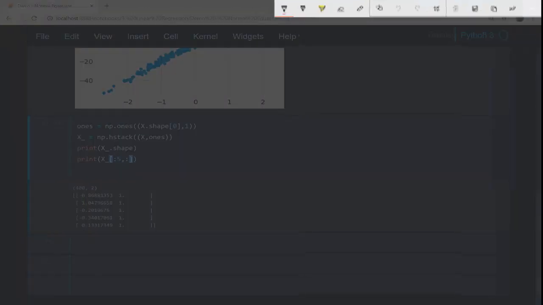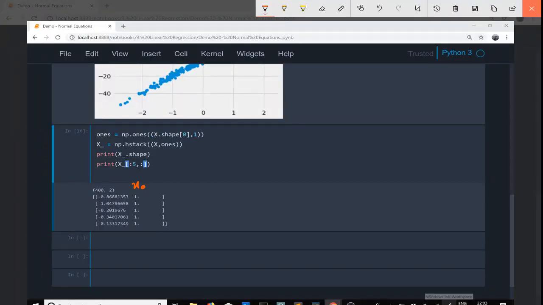Okay, so this is my 0th feature x naught, and this is my first feature x1, right? So in every example I am going to have two features. The first feature is always 1, and here I have the value of the feature for that example, right? So why we have done this is so that we can take this product x theta, right?